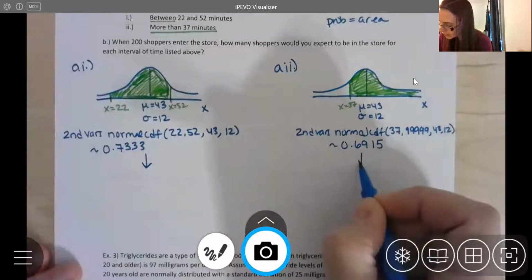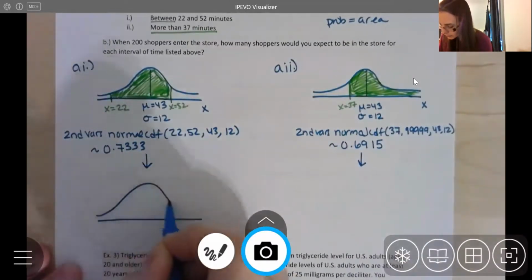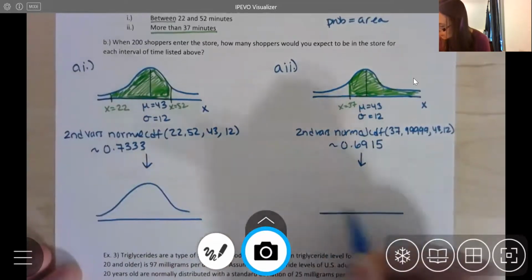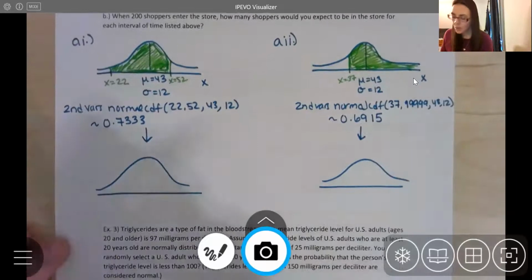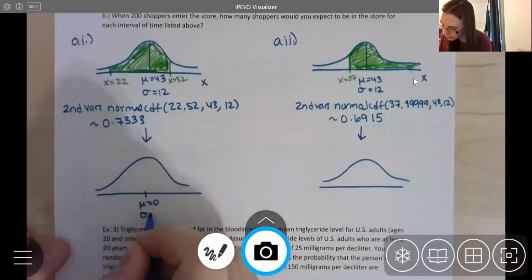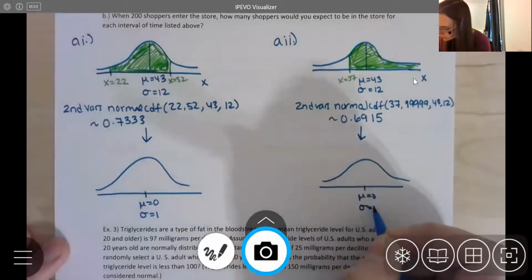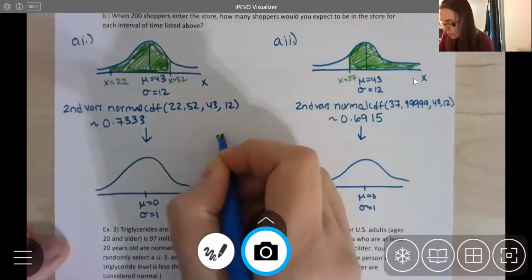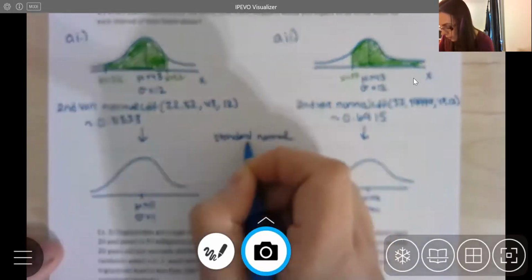So if you're not using technology, we're going to convert these over. When we convert over, your center is going to be now at 0, and your standard deviation is 1. Okay, so we're converting over to the standard normal distribution.